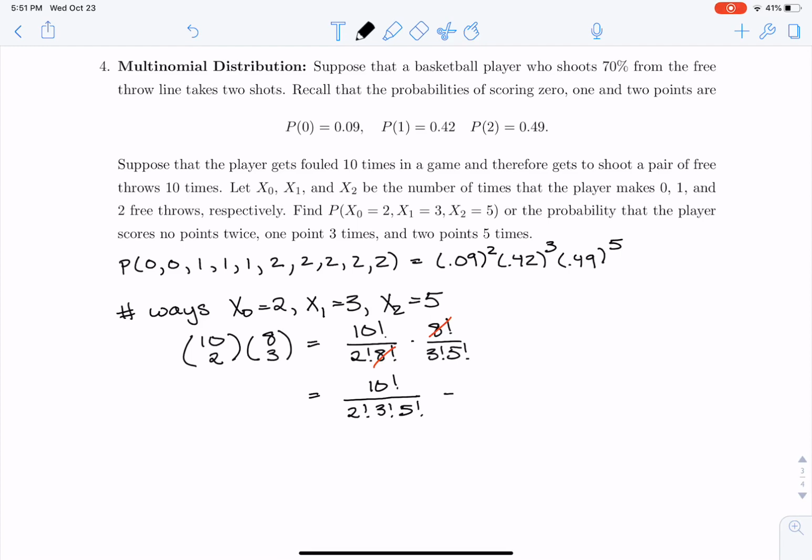And I'm going to use some new notation for this. I'm going to write 10, and then I'm choosing 2, 3, and 5.